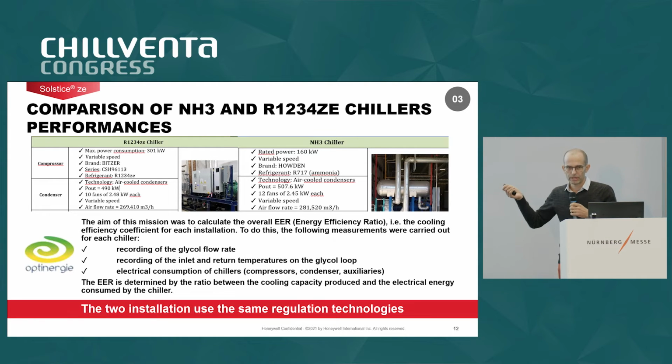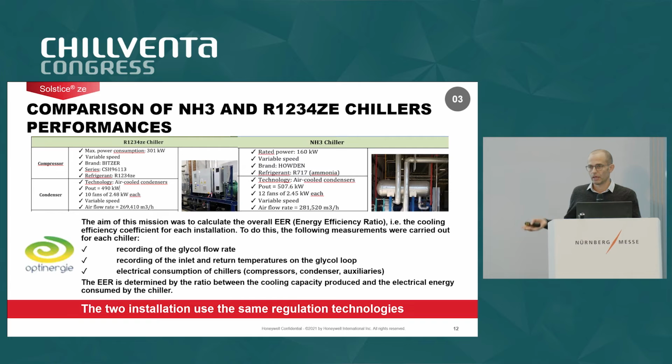The technology is the same: same compressor technology or equivalent, and same control technology. They measured the electrical consumption of each chiller, and they measured the mass flow rate of glycol going out from the chillers and the temperatures. This way we can have the energy efficiency ratio and compare the performance of each chiller.